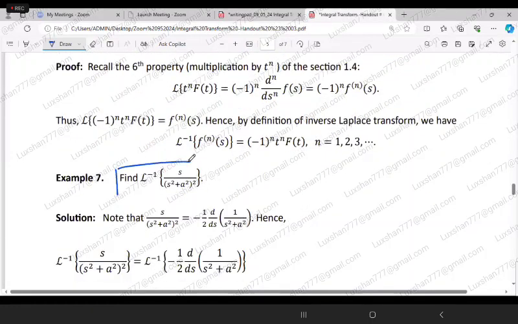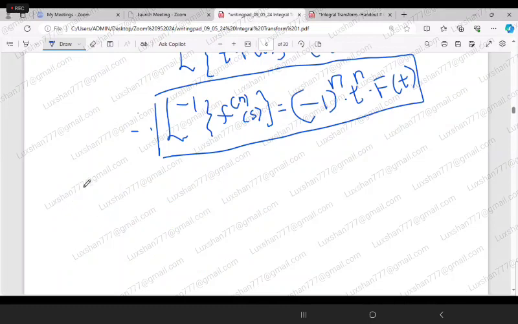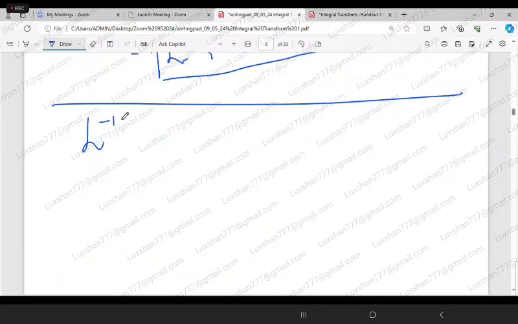let's discuss this example. We want to find the inverse Laplace transform of s over (s squared plus 1) all squared.